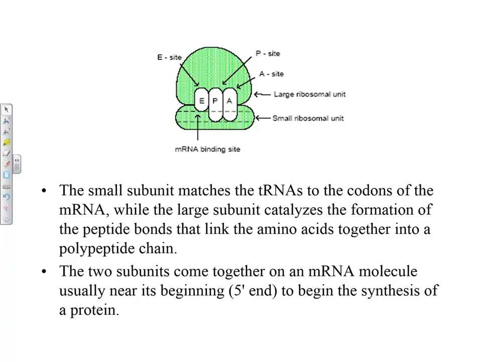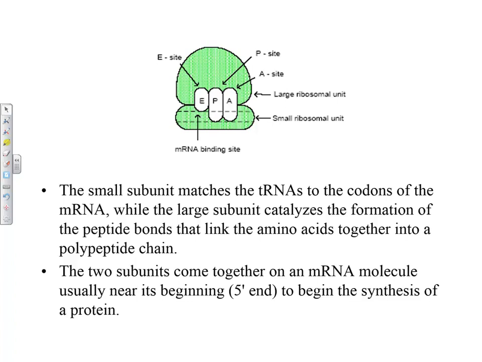The large ribosomal unit has 3 locations: an A site, a P site, and an E site. The size of each of these sites is such that a tRNA molecule can fit in. One tRNA molecule will fit at the A site, the next tRNA molecule at the next site, and so on.